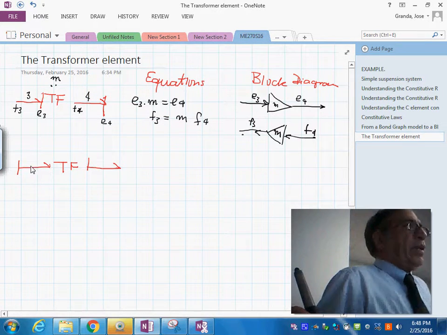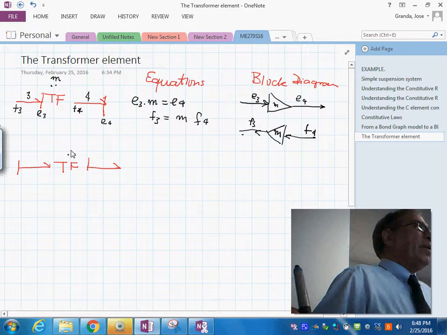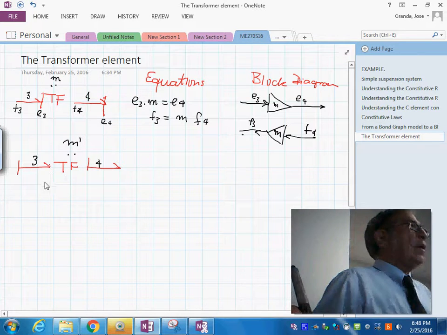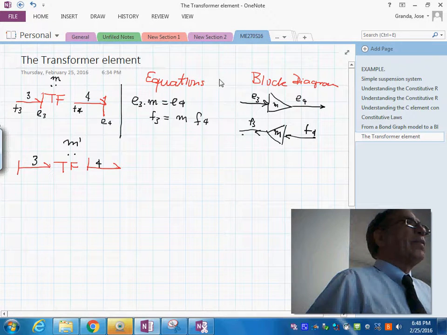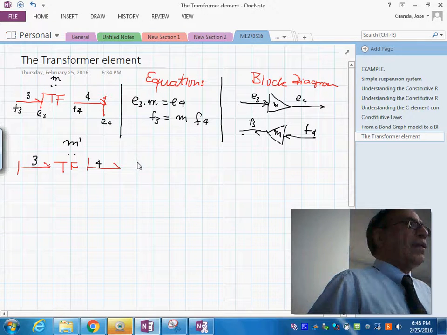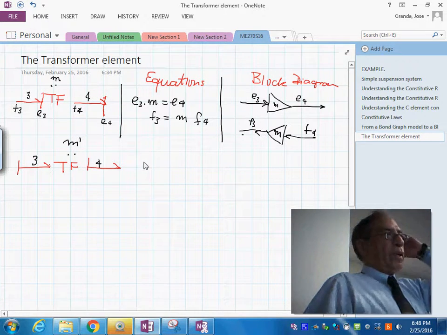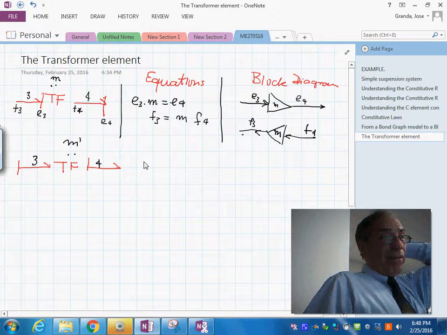This is F sub 3, and how are the equations here? F sub 3 times M prime is F sub 4.